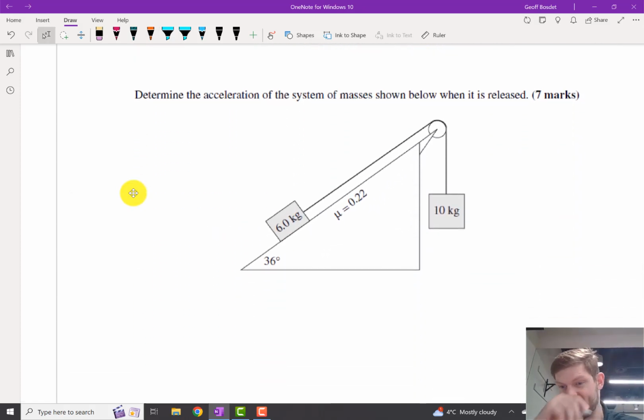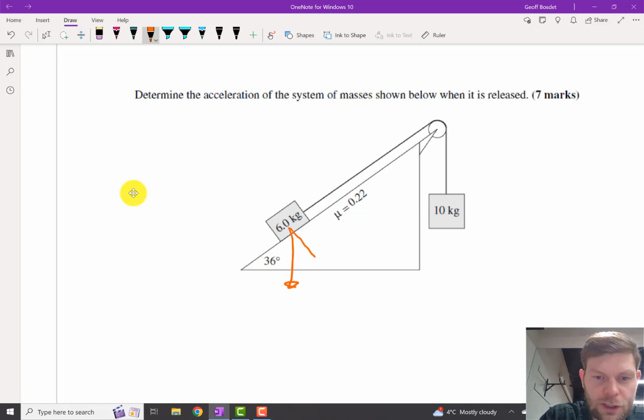This one's one of the hardest and one of the ones I most wanted to go over. It's not that bad, but it's bad enough. Gist is you are going to need both F parallel and F perpendicular. So we're going to find those. Remember, top angle is going to be 36 degrees.